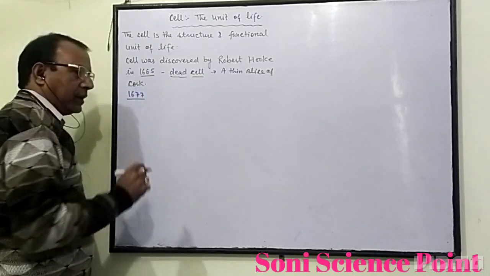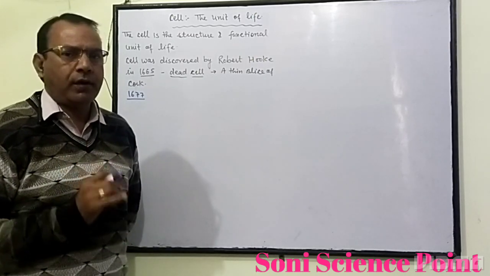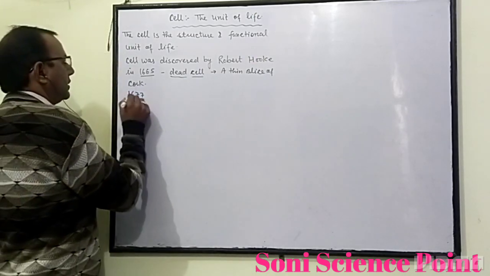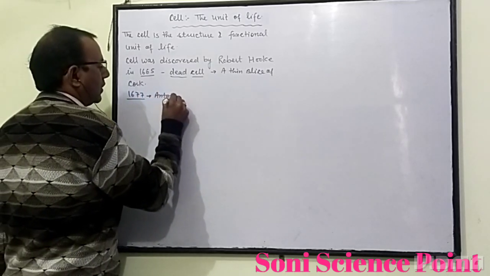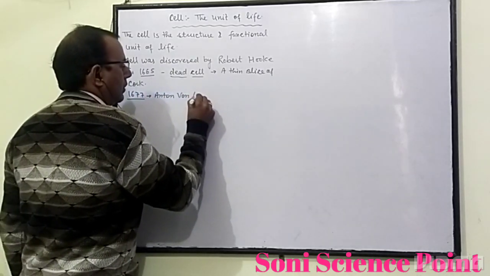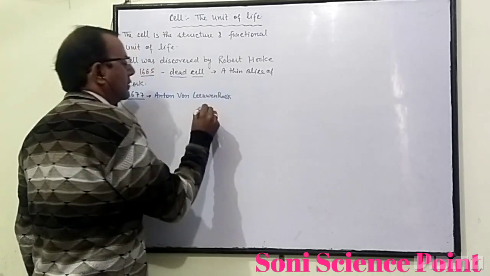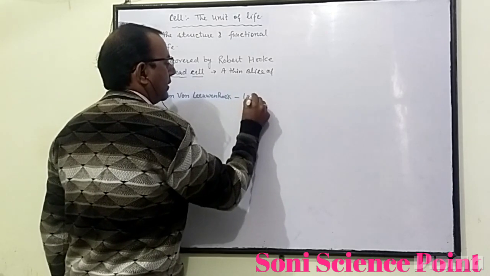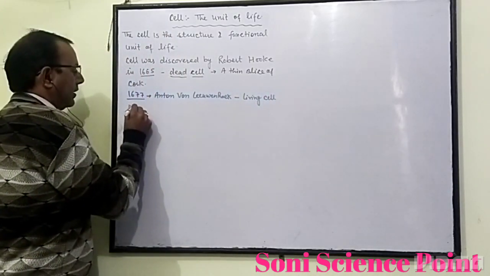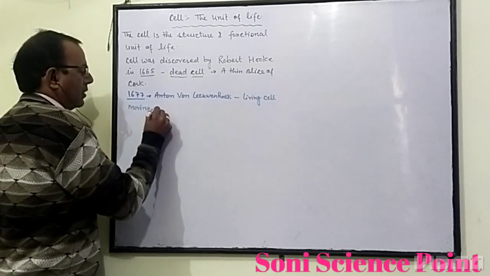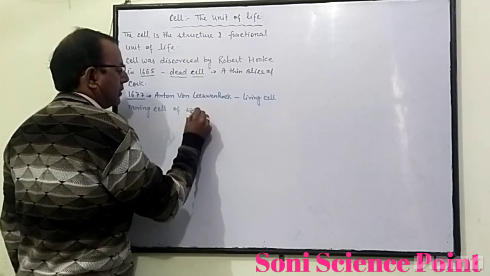In 1677, the first living or moving cell was discovered by Anton van Leeuwenhoek. He discovered the first living and moving cell of spermatozoa.